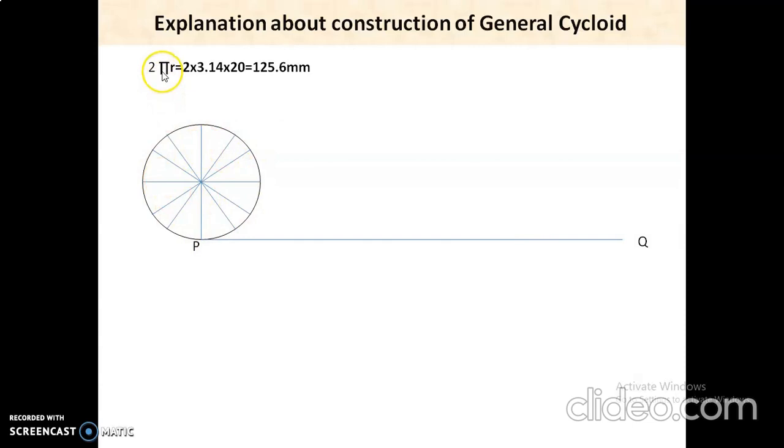So 2 pi r is equal to 2 into pi, 3.14, into r, which is the radius of the rolling circle, 20. If we calculate this, we get 125.6 mm. So the baseline distance will be 125.6 mm.